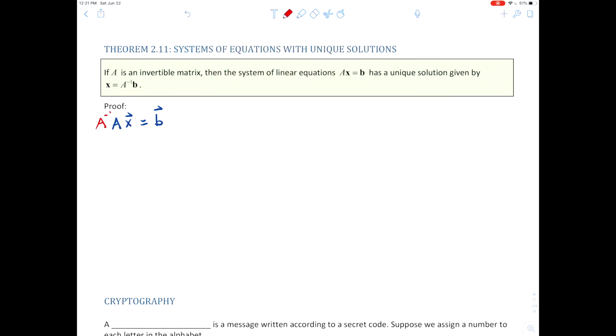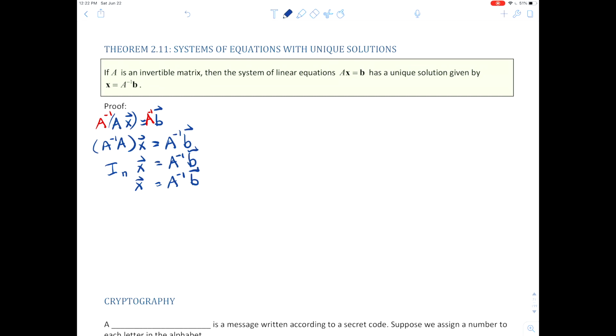We can multiply on the left side by A inverse, and then, using the associative property, we'll have A inverse times A, and then times X is equal to A inverse times B. Well, A inverse times A is the identity matrix times X, which is A inverse times B. So then X is equal to A inverse times B.